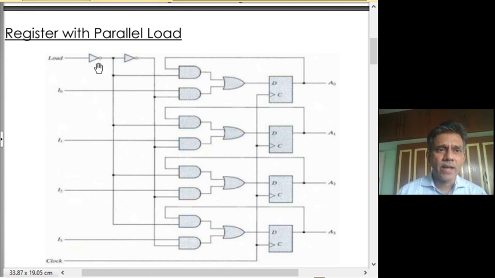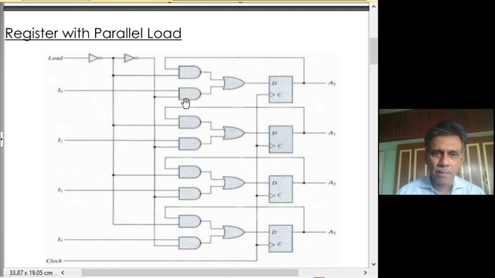So when load is equal to 1, this bit is 0, and there is a 0 at the input of the top AND gates, as you can see at these points. Essentially, these gates suppress this signal from going through to the D input. Whereas a 1 here means there will also be a 1 here. So these points will have 1 and that will enable the bottom AND gates.